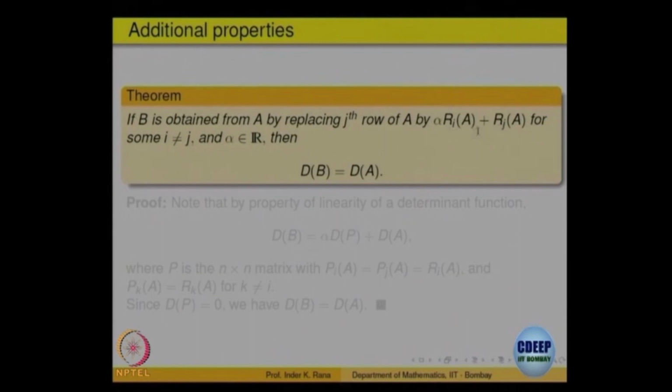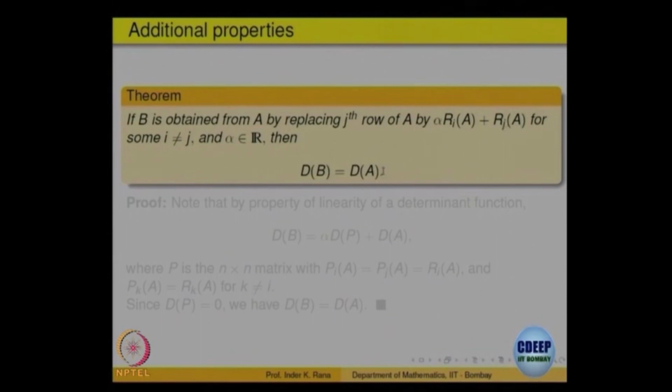So what will the ith row be if I take only the first term for linearity? It will be alpha Ri, and Ri is already there at the ith place. Alpha comes out, so the ith and jth rows in the new matrix will be identical. So this part does not contribute to the determinant, but the second part is A itself. So the determinant of the new matrix is the same as the determinant of the original matrix.